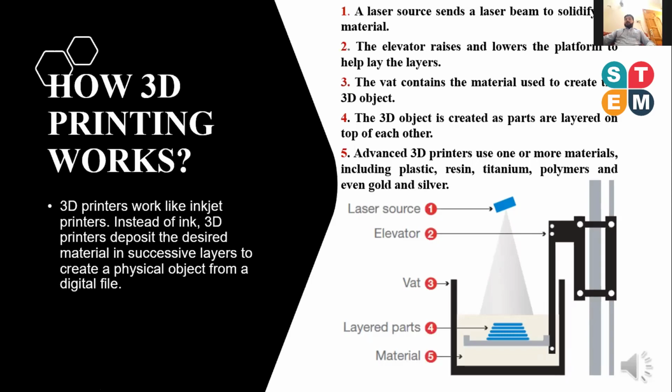The 3D object is created as parts are layered on top of each other. Advanced 3D printers use one or more materials, including plastic. Here we have used the photopolymer resin, titanium, polymers, and even gold and silver when we are turning to the jewelry part. Next, please.